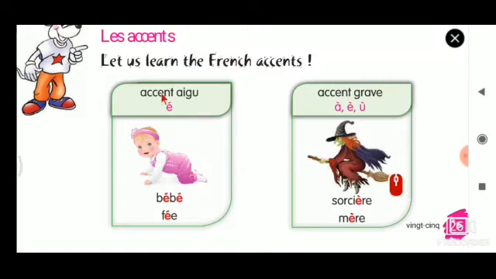Mostly these accents come only on vowels in French. You know the vowels: A, E, I, O, U. Among these, E is a very special letter in French, and this accent is called accent aigu. Accent aigu, please repeat.